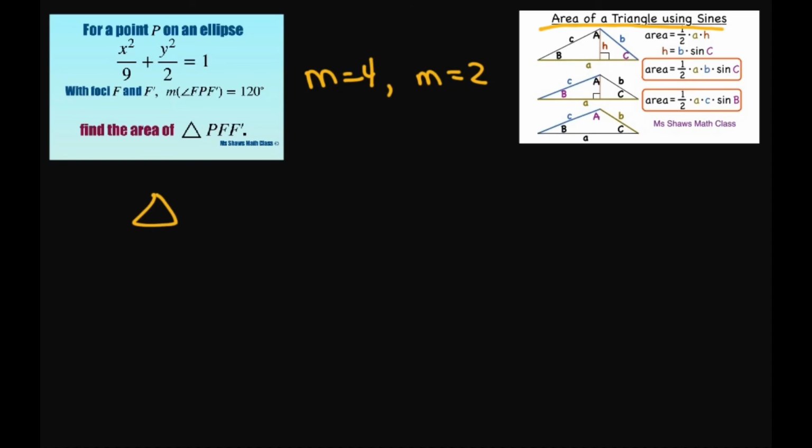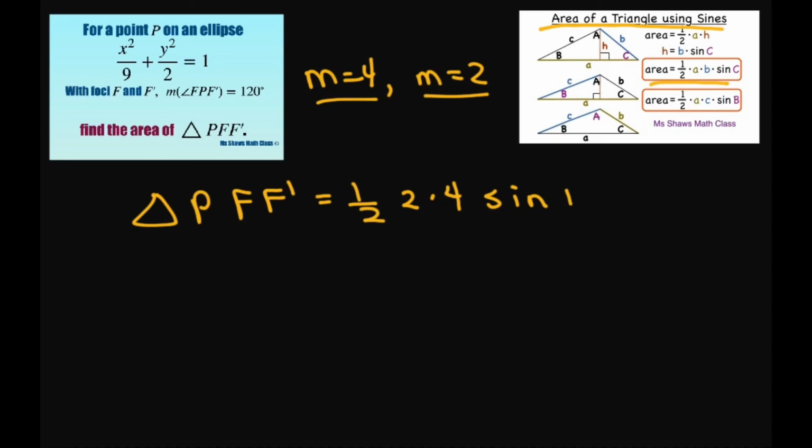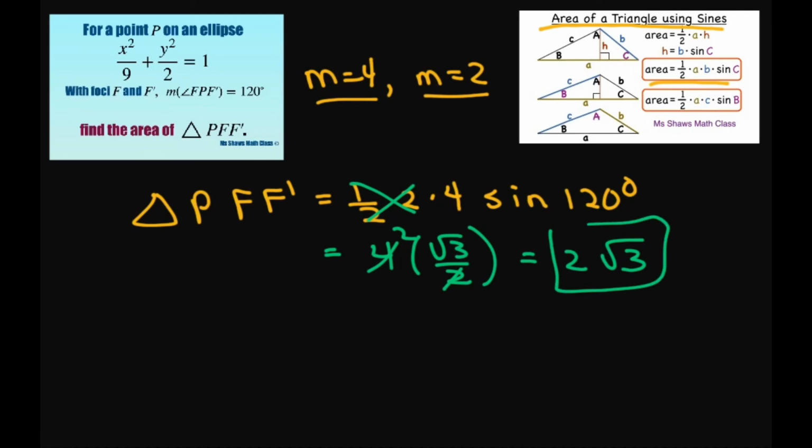So the area of the triangle PFF prime is going to be, using our formula here, 1/2 times 2 times 4, sine of 120 degrees. So this is going to equal 4 times square root of 3 divided by 2, which equals 2 square root of 3. And that's it. Thank you. Have a nice day. Bye-bye.